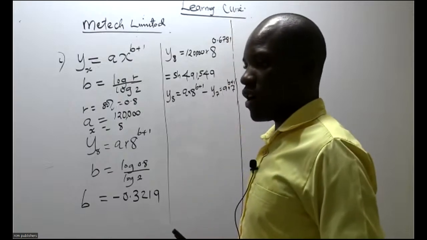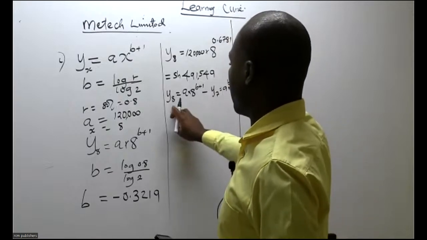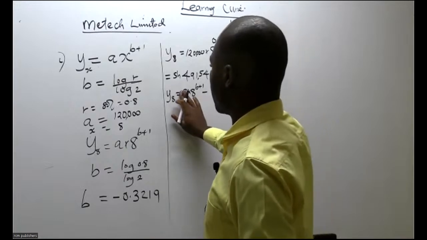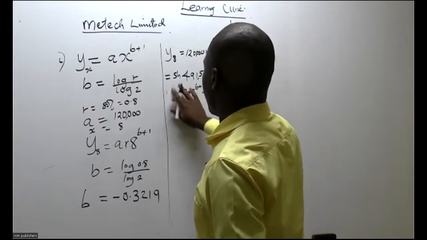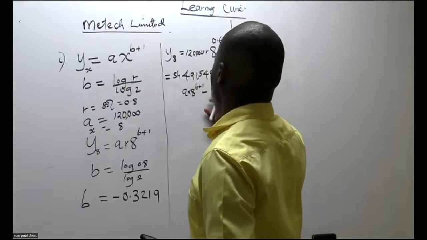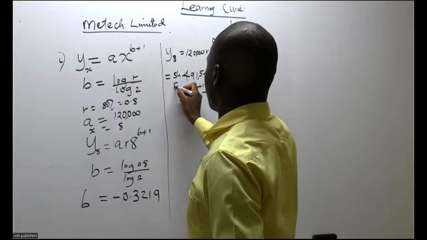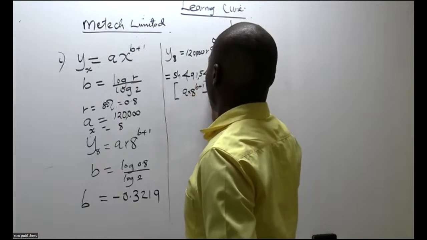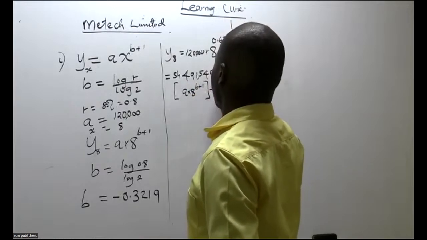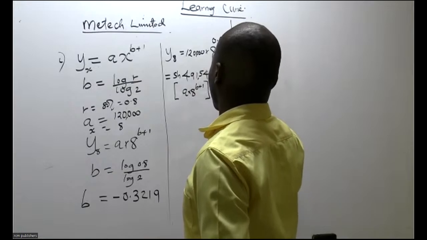That is what we need to have there. It will be this minus what we have on this other side.